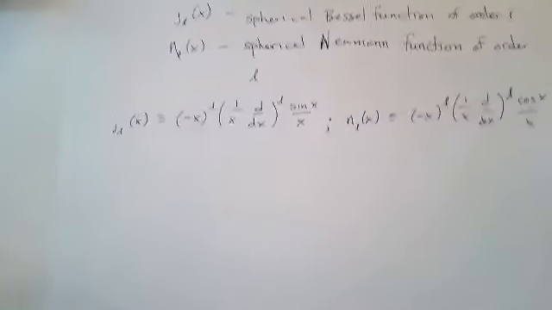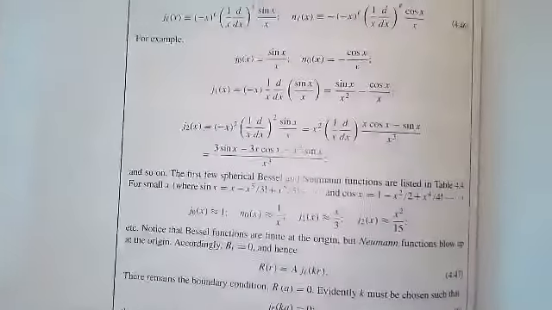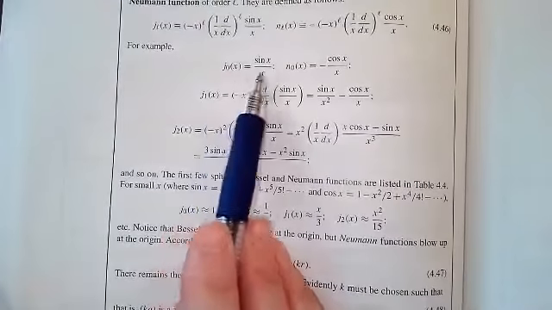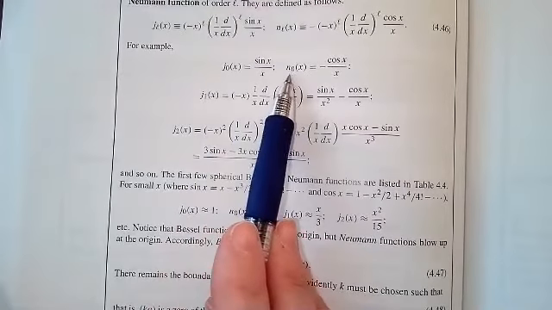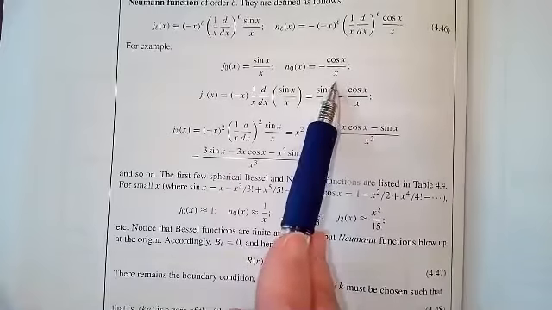Okay, so for example, and I'm just going to show you what's in your book. For example, where l equals 0, we just had sine x over x. Where l equals 0, we had minus cosine x over x.